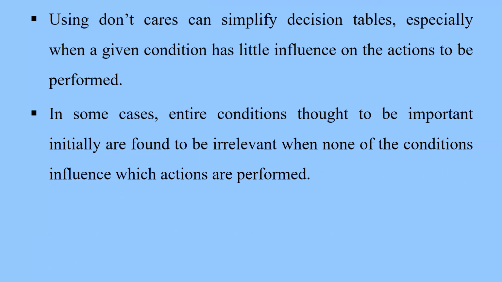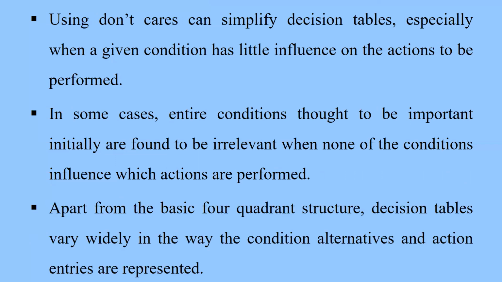In some cases, entire conditions thought to be important initially may be found to be irrelevant when none of the conditions influence which actions are performed. Apart from the basic four-quadrant structure, decision tables vary widely in the way the condition alternatives and the action entries are represented.